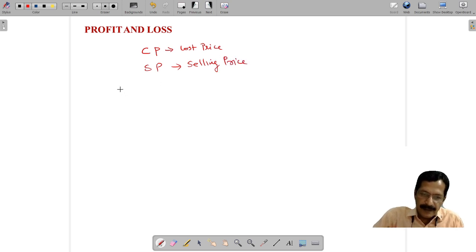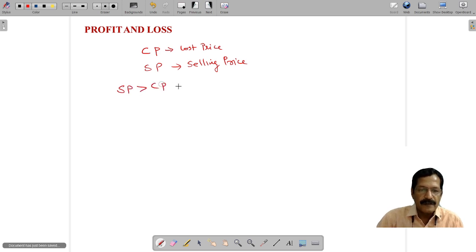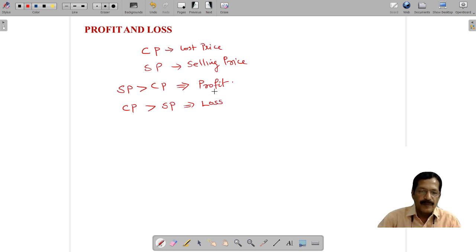Dear children, if selling price is more than cost price, then there is a profit in this deal. If cost price is more than selling price, then there will be a loss in the transaction.